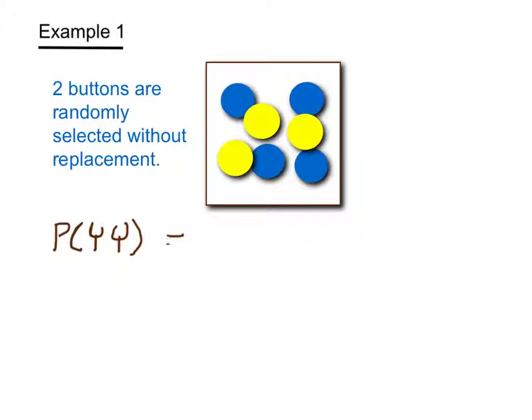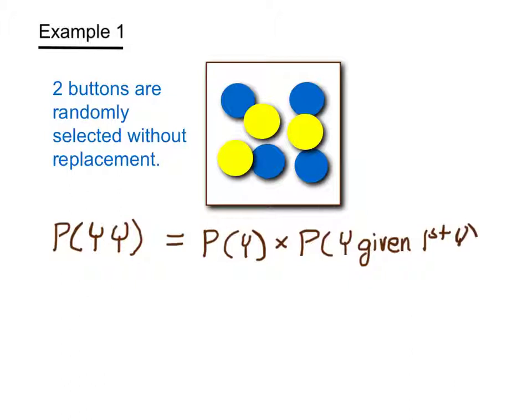So the probability of drawing a yellow button first times the probability of drawing a yellow button, given that the first is yellow, looks like this.